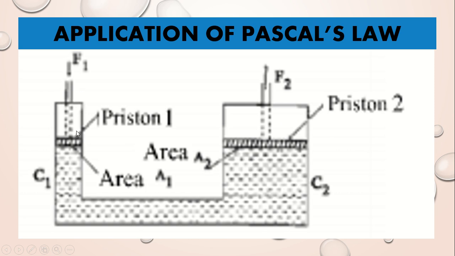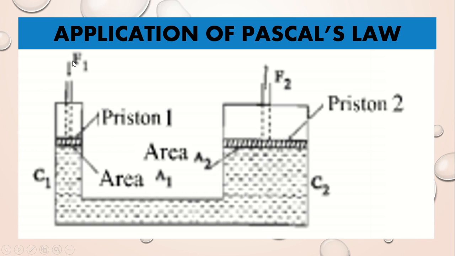There are two pistons which are flexible, movable in the cylinder, and leak free. Piston 1 has cross-sectional area A1, and piston 2 has cross-sectional area A2. You can see from the figure that the cross-sectional area of piston 2 is larger than that of piston 1. That means A1 is less than A2.